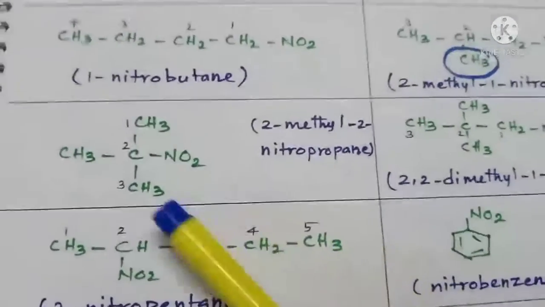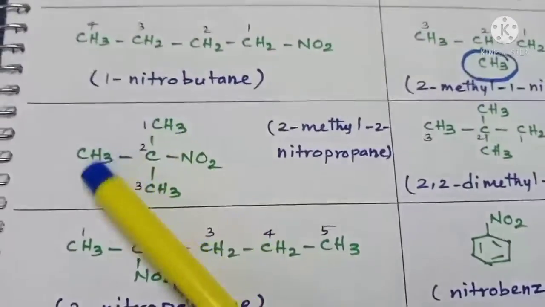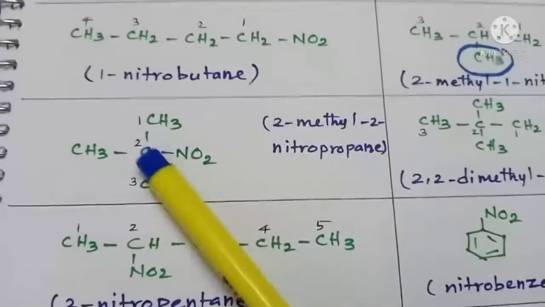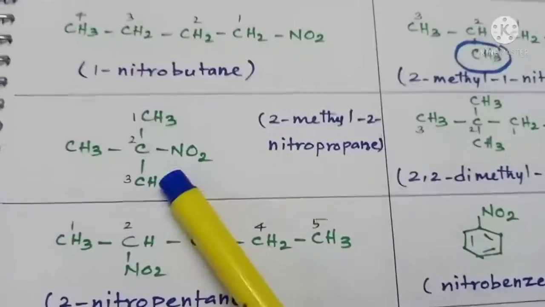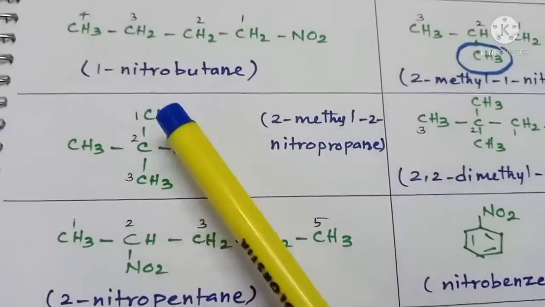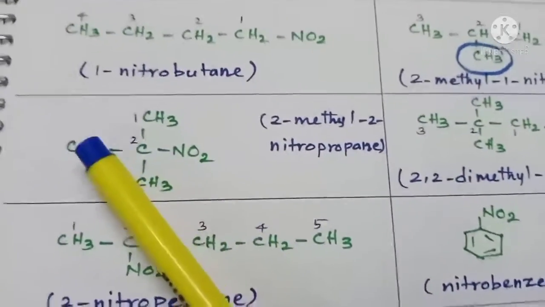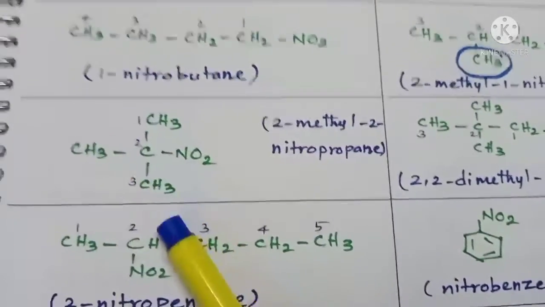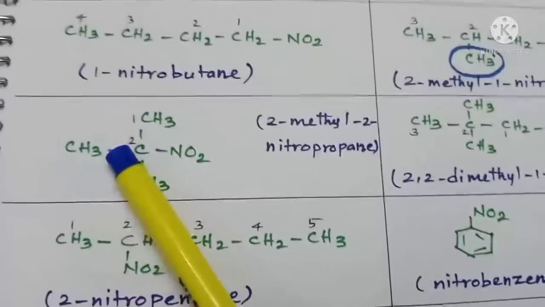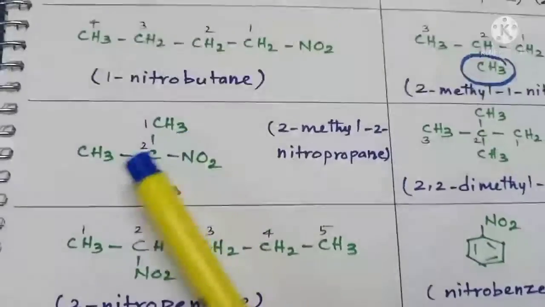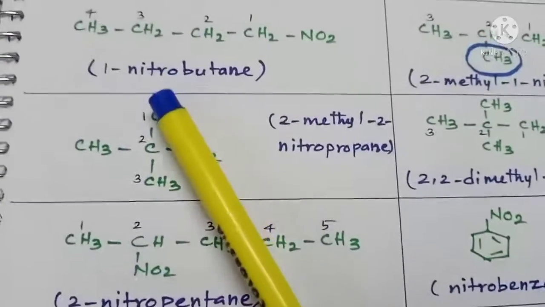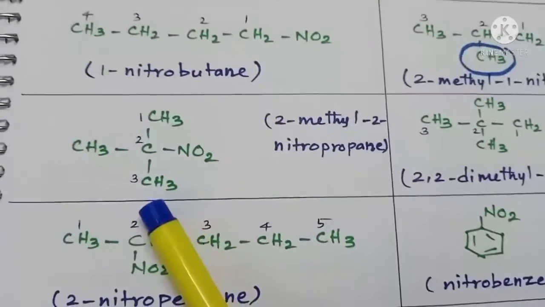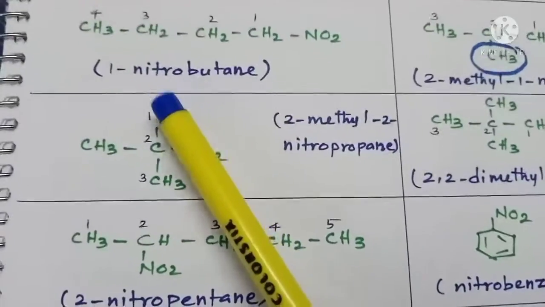A tertiary butyl type of compound. This portion is nothing but a tertiary butyl. Now here we select the longest chain, this way, or you can go this way also, either this way or L shape. But all three are equivalent, so we take this vertical one as the parental carbon chain. I number this 1, 2, 3.